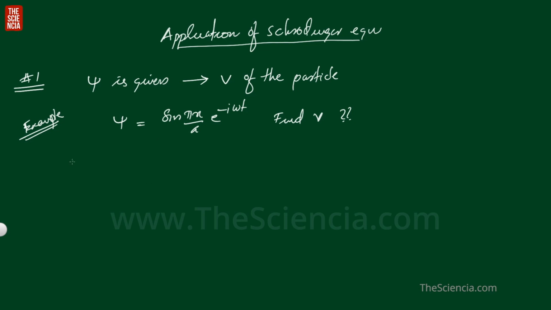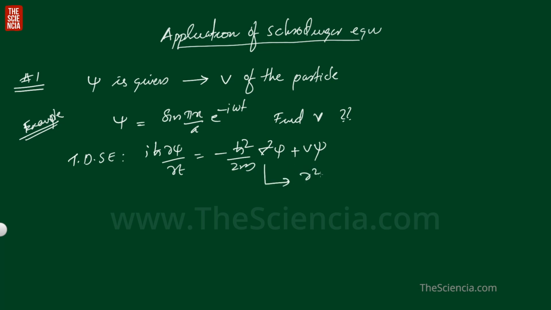We know time dependent Schrodinger equation is iħ dou psi by dou t is equal to minus ħ square by 2m del square psi plus V psi, where del square operator is dou square by dou x square plus dou square by dou y square plus dou square by dou z square.